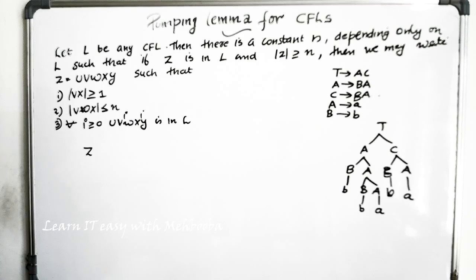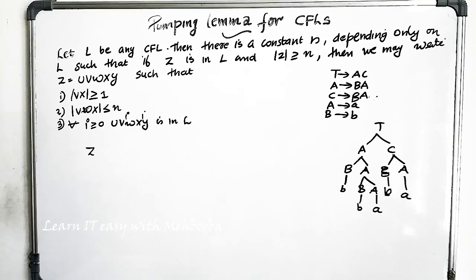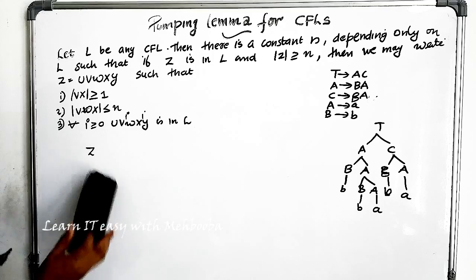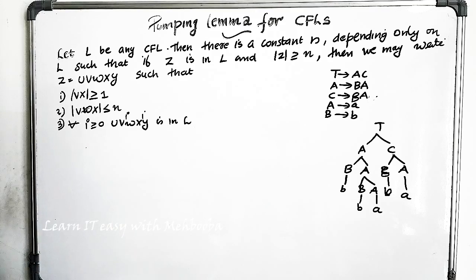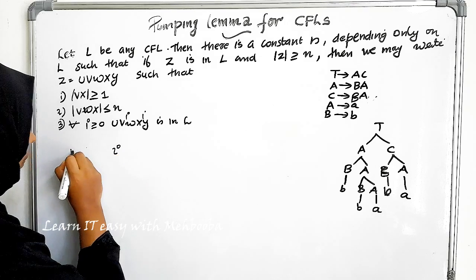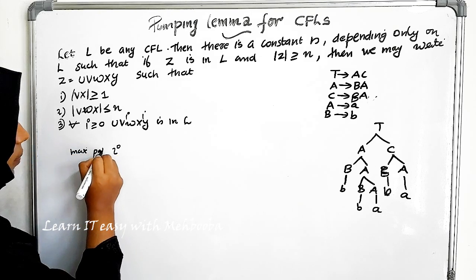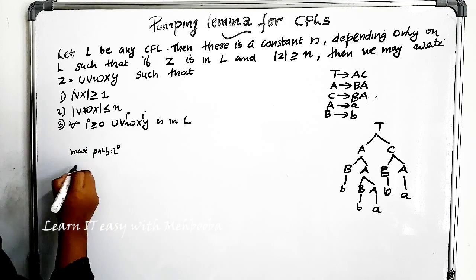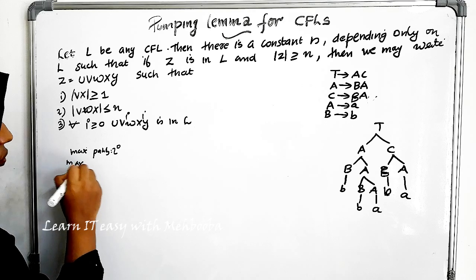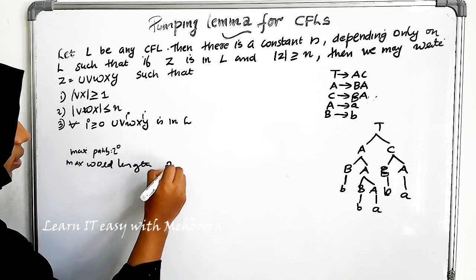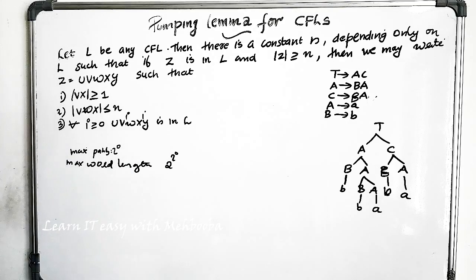Now we need to prove that if the parse tree of G has no path greater than i, that is, if the maximum path length in the parse tree is i, then the maximum word length is 2 raised to i minus 1.